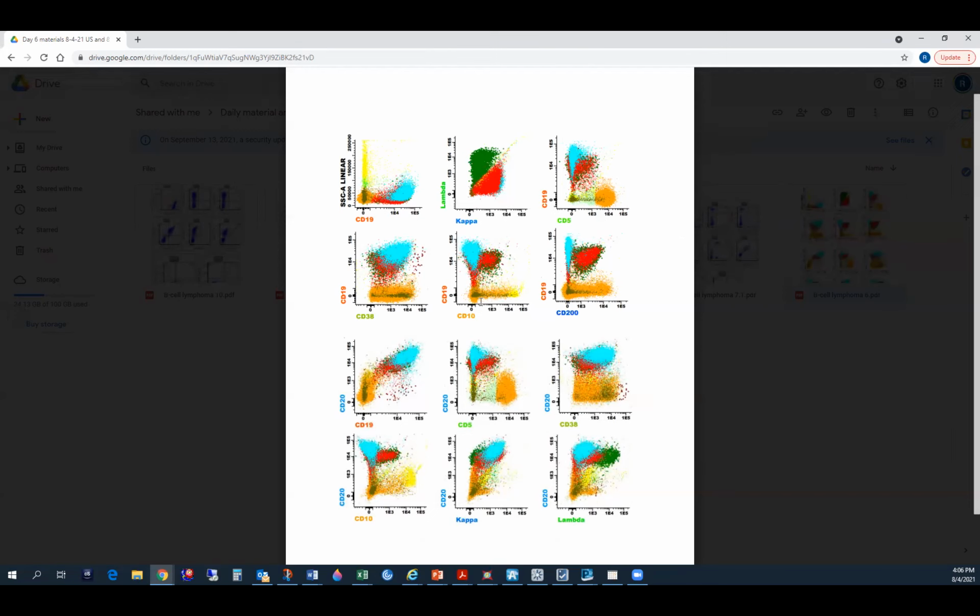Would you consider hairy cell in this one? Like with bright 19 and 20, I think of those entities, but then there are other tubes like 11C, 23, 103, those ones that we do. But whenever I see 19 and 20 bright, that's first on my differential that I think of.